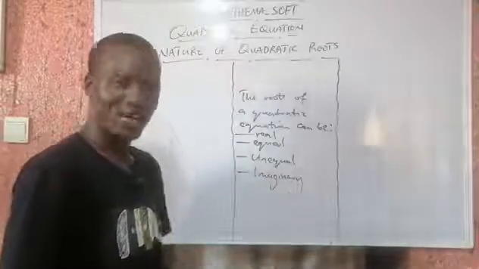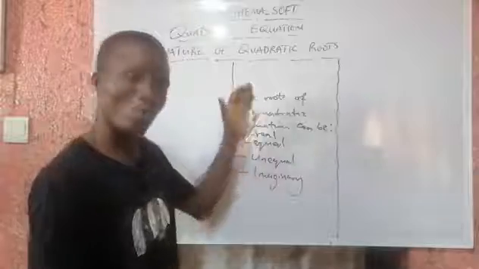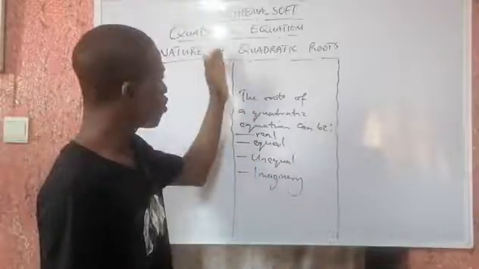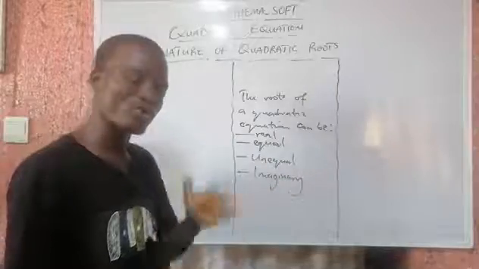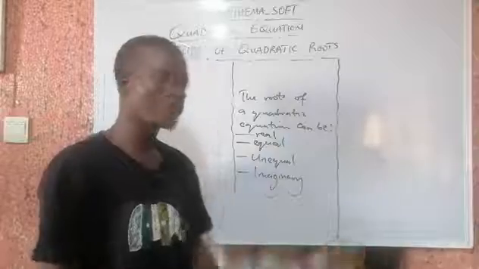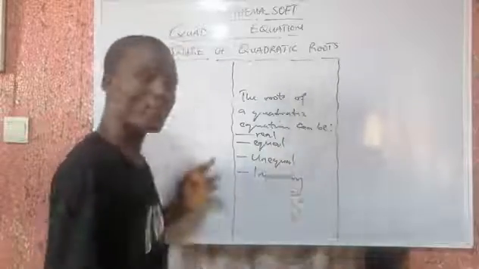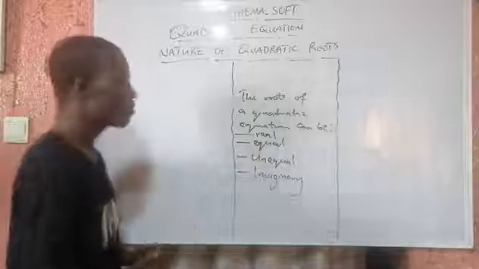Or will they be imaginary? So it is very important for us to note that this is actually what we want to test. This is what we want to know generally about the nature of the quadratic roots. They can be real, they can be equal, they can be unequal, and they can be what? Imaginary. And this is exactly what we want to test out.